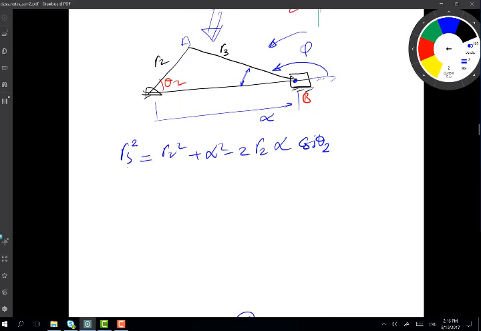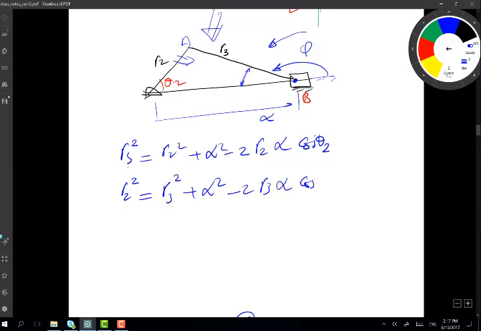All right, so now I want another equation, because I'm after phi this time around. If I look at the thing from the other direction, r2 squared would be equal to r3 squared plus x squared minus 2 r3 x cosine of the angle between them, which will be pi minus phi.